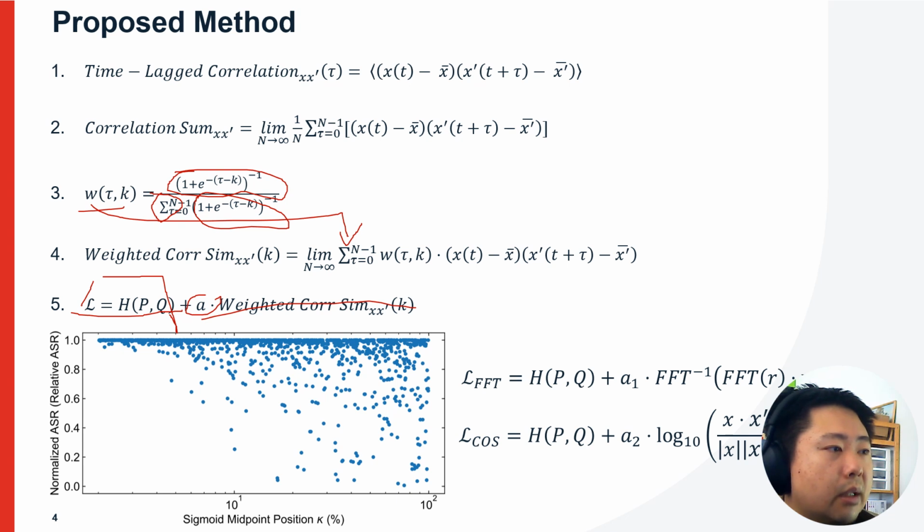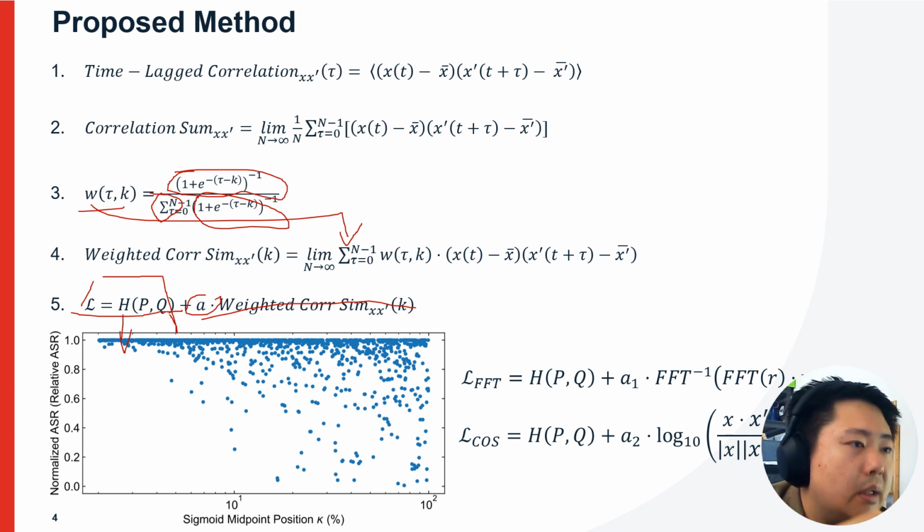And we can see this is the test result of this modified loss. The x-axis is the location of the sigmoid midpoint position, and we are doing normalization, so it goes from 0 percent to 100 percent.